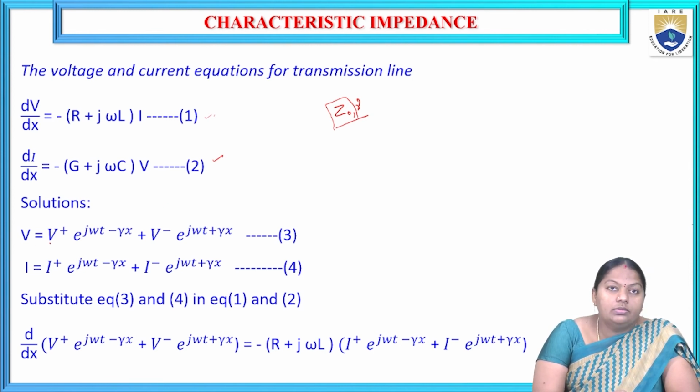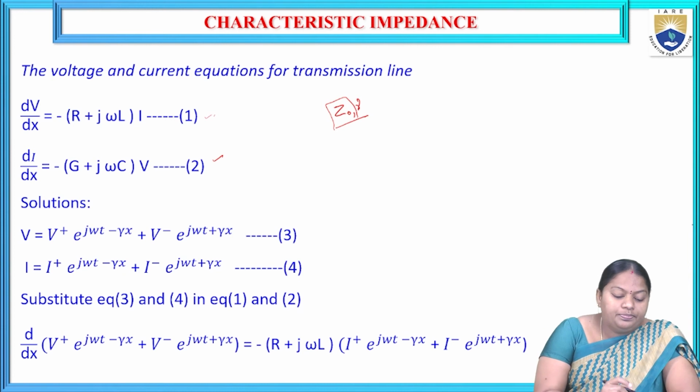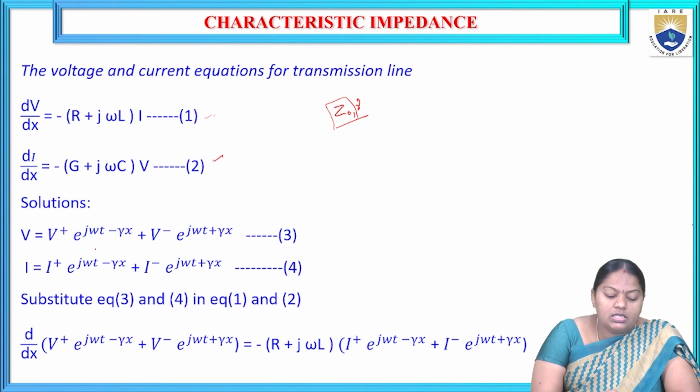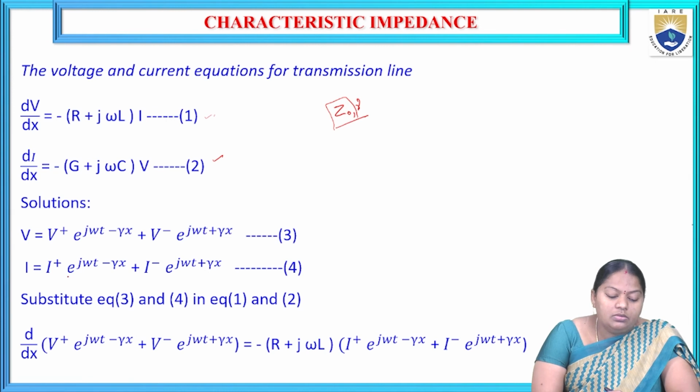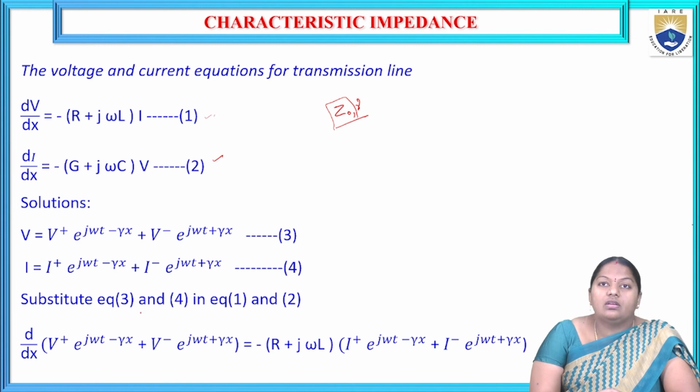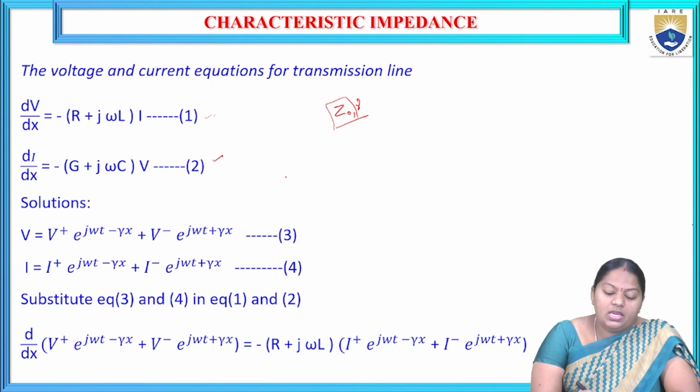If you write the solutions for those two, after simplifying the second order differential equations, the solutions are V equals V plus into e power j omega t minus gamma x plus V minus e power j omega t plus gamma x, and I equals I plus e power j omega t minus gamma x plus I minus into e power j omega t plus gamma x. These are the two solutions which we have got from the transmission line equations.